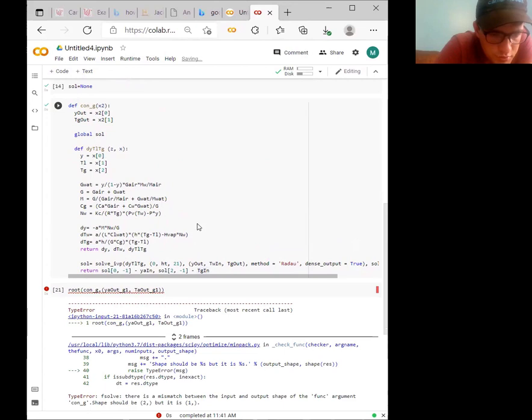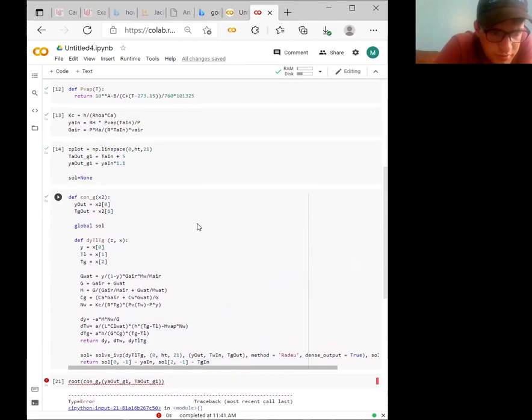G shape should be 2, but it is 1. Okay, well, that makes things interesting. Fun continues. So this is that. This is all good.